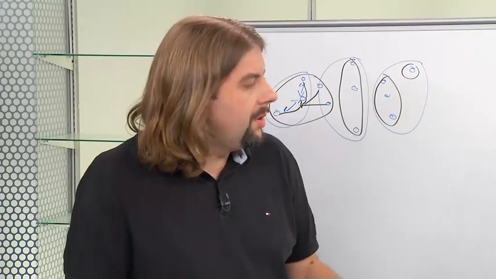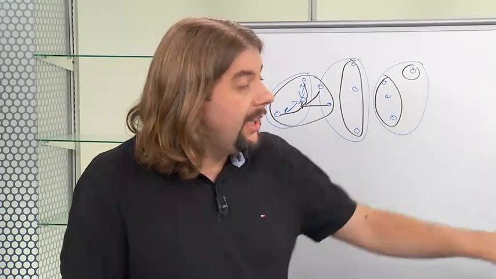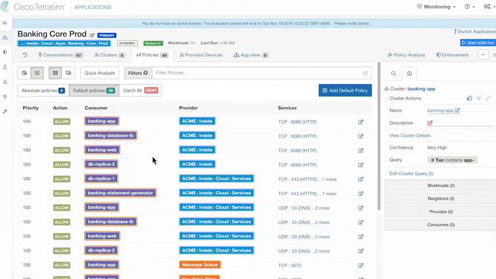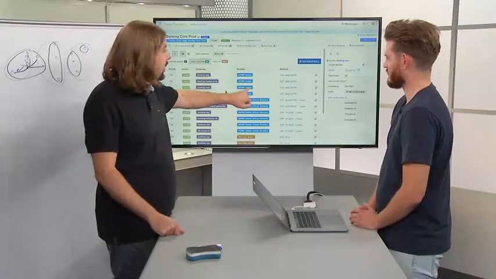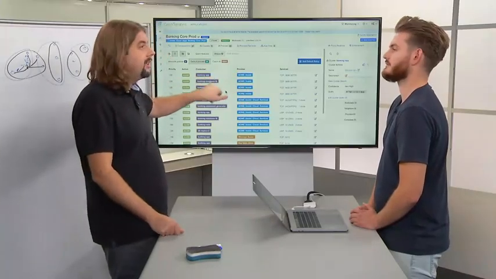And so based on what you just said, what you're showing here is really an intent, because you put tags everywhere, so the membership is variable, I guess. Correct. But the intent is always that the banking app can talk to whoever is inside the banking app. Yes. And the rendering is a completely different story, right? Correct. This is just how I want this application to act from a policy perspective.